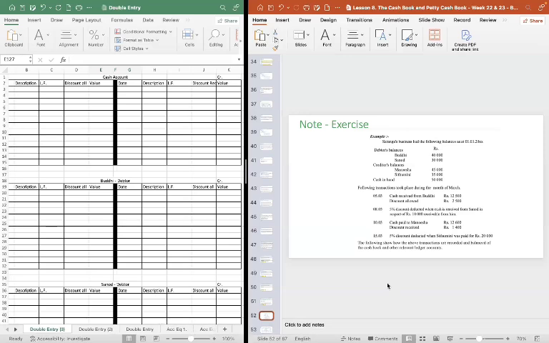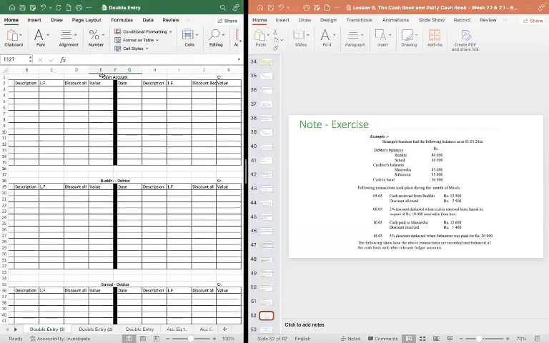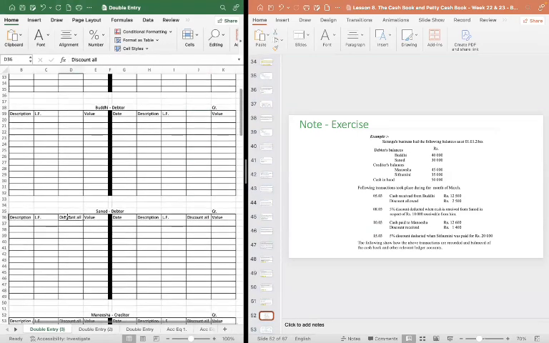Now we are going to do this question today. Take a couple of minutes and start writing a few accounts. Only in the cash book we have to record the discounts allowed and discounts received columns. In the other accounts you don't have to record the discounts allowed and discounts received.